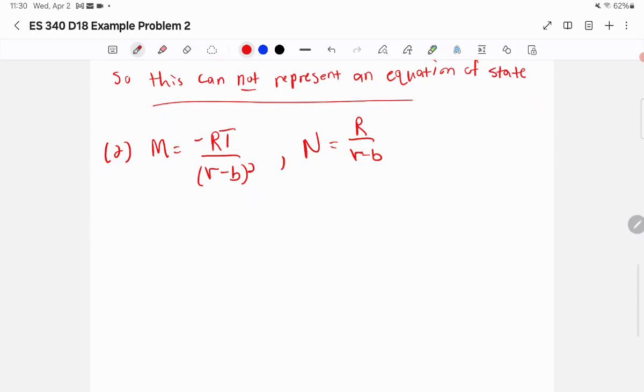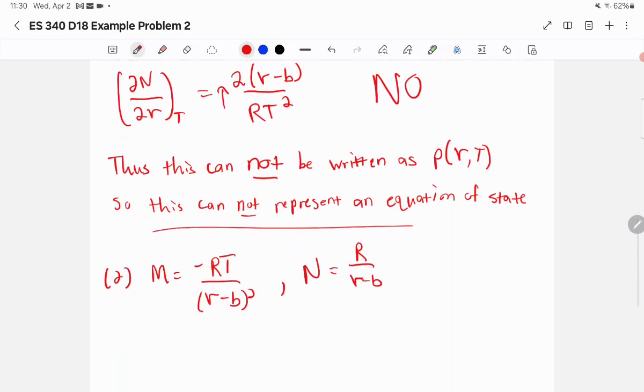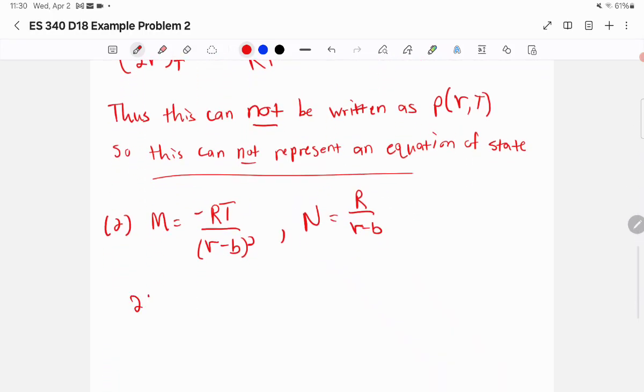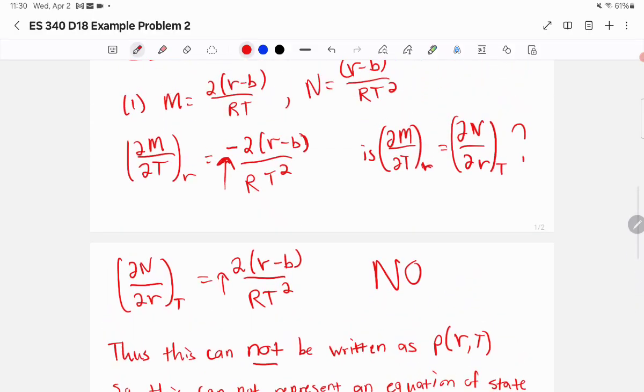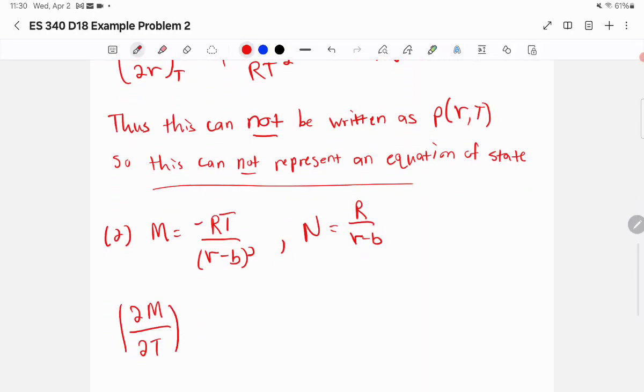Okay, so now what do we need to do? Similar thing. We take the partial derivative of M with respect to T, holding V constant.